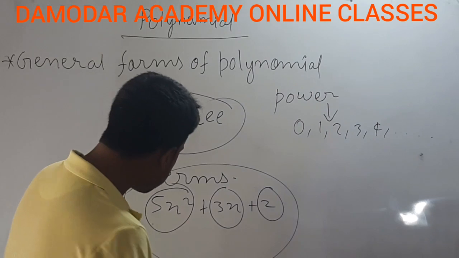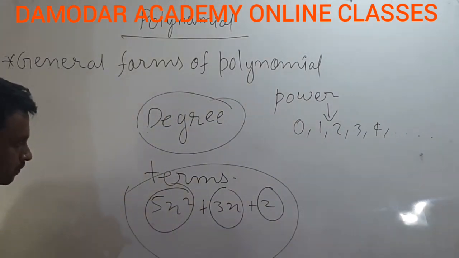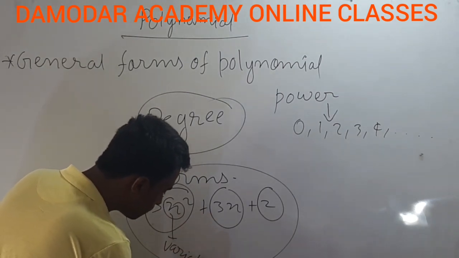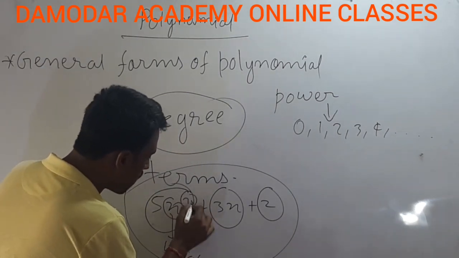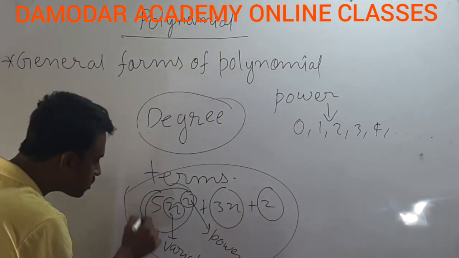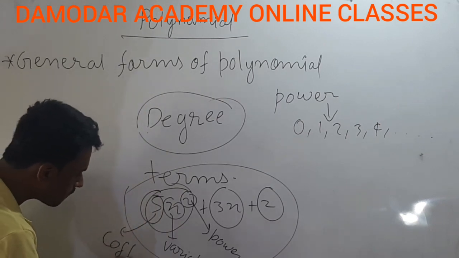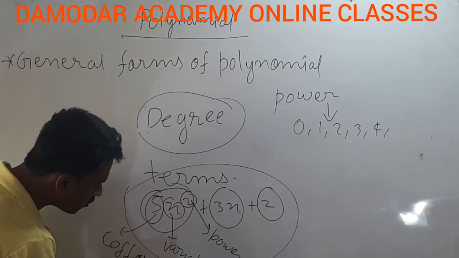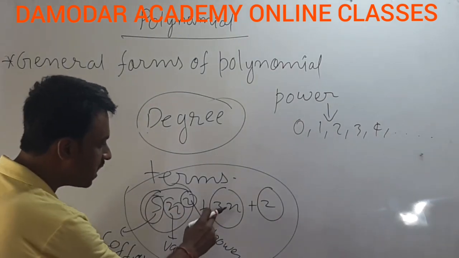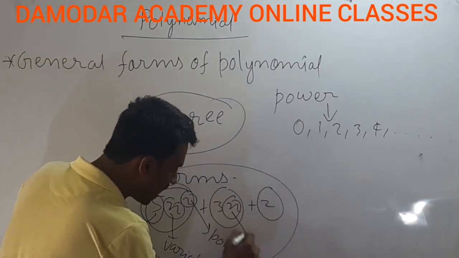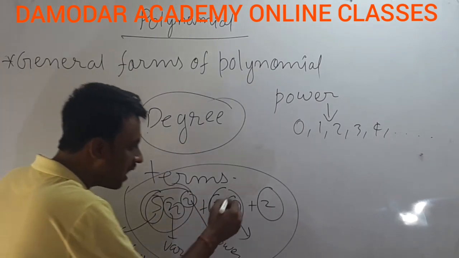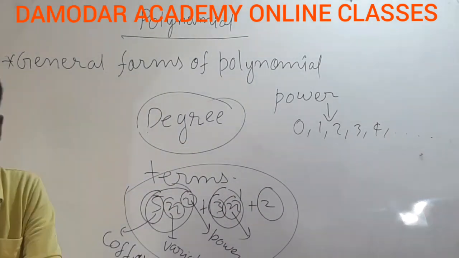In 5x squared, x is the variable, this is the power, and this is called the coefficient of the variable. Similarly, in 3x, x is the variable, 3 is the coefficient of variable x, and the power of the variable is 1.